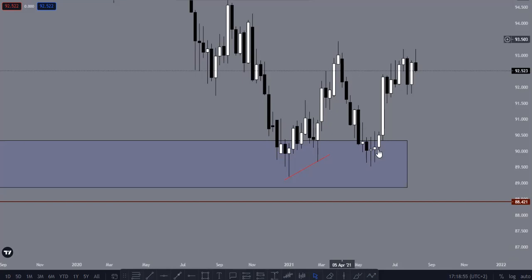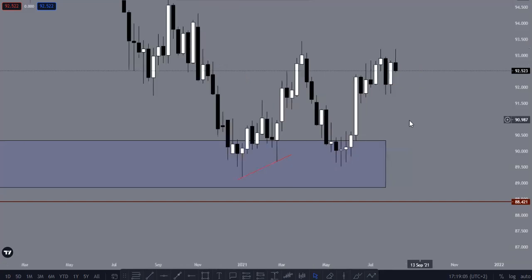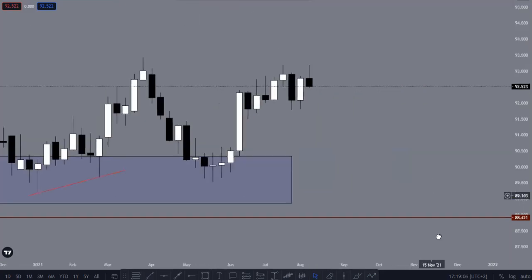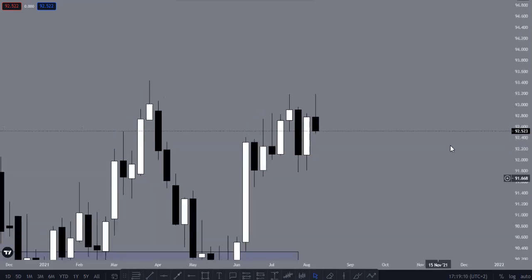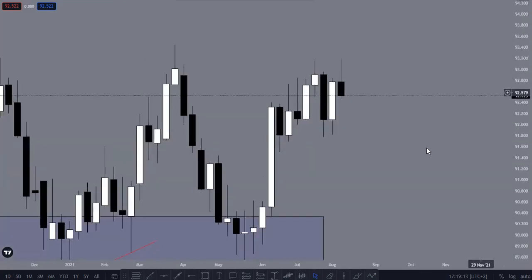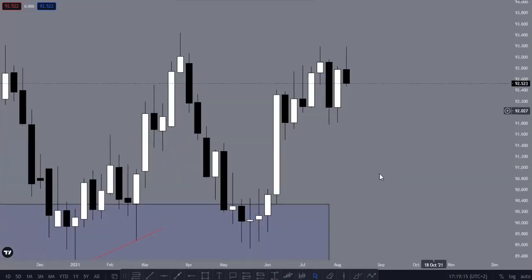And price came back down. Where did it come back into? It came back into the structure, the lows here, and it rallied up. If we could also zoom a little bit further in our top-down analysis on the dollar currency index, what's happening is that we have a highest point, but did it hold above the previous highs?